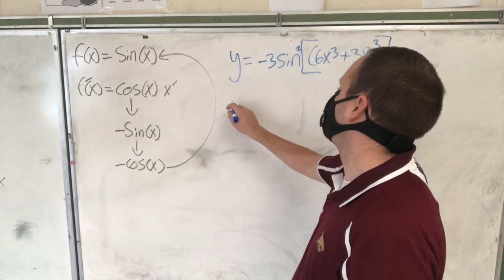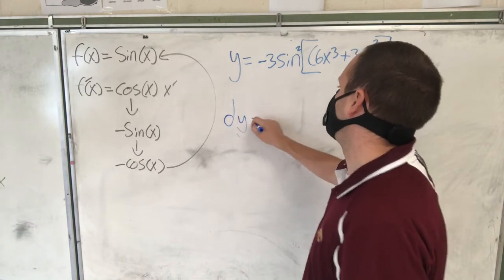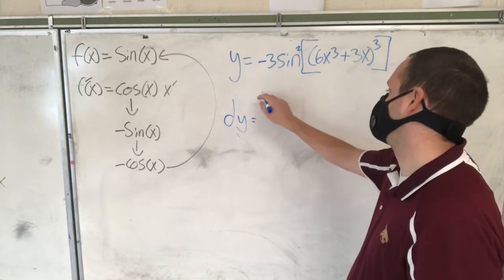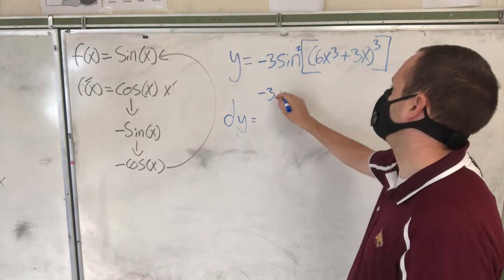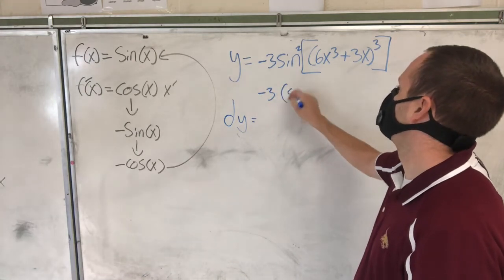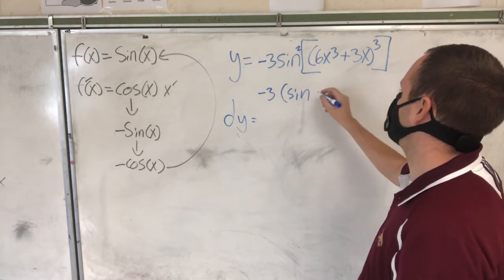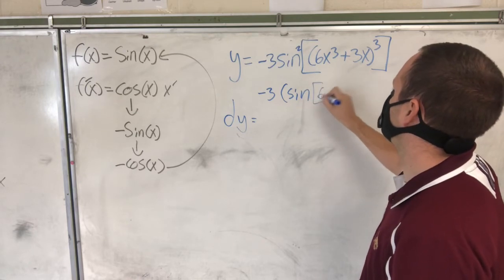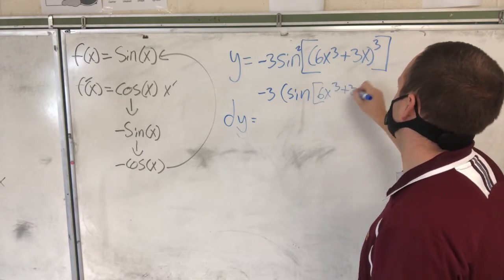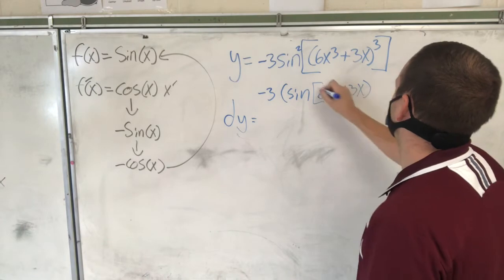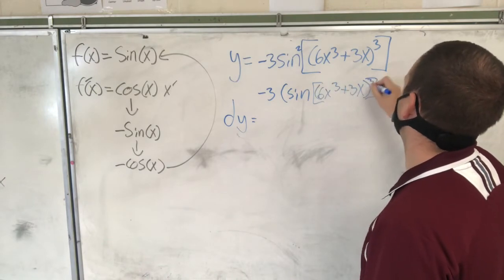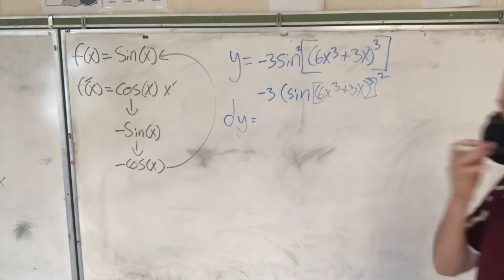So I've got dy equals, well, not even before I do that, negative 3 times sine of all this, 6x cubed plus 3x, cubed squared, okay?